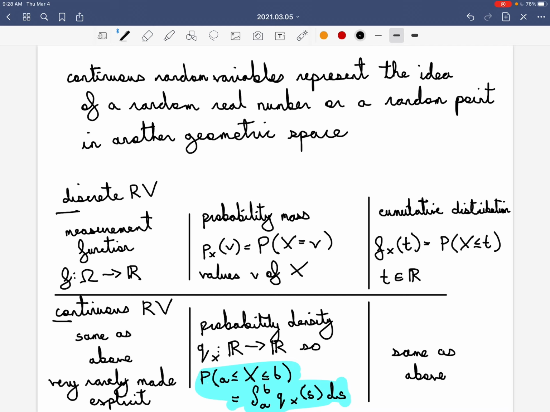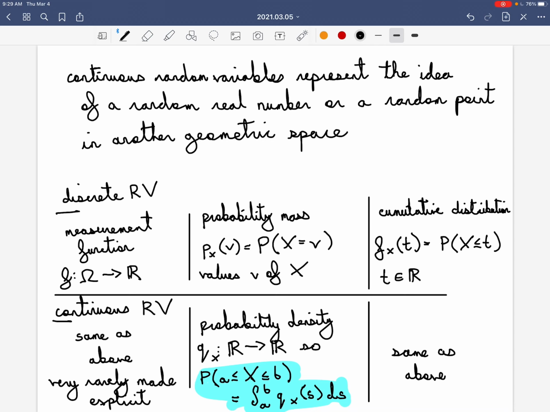A continuous random variable represents the idea of a random real number or a random point in a geometric space. Continuous random variables are often referred to just as distributions, and you can think of it as a random point being distributed in a space.